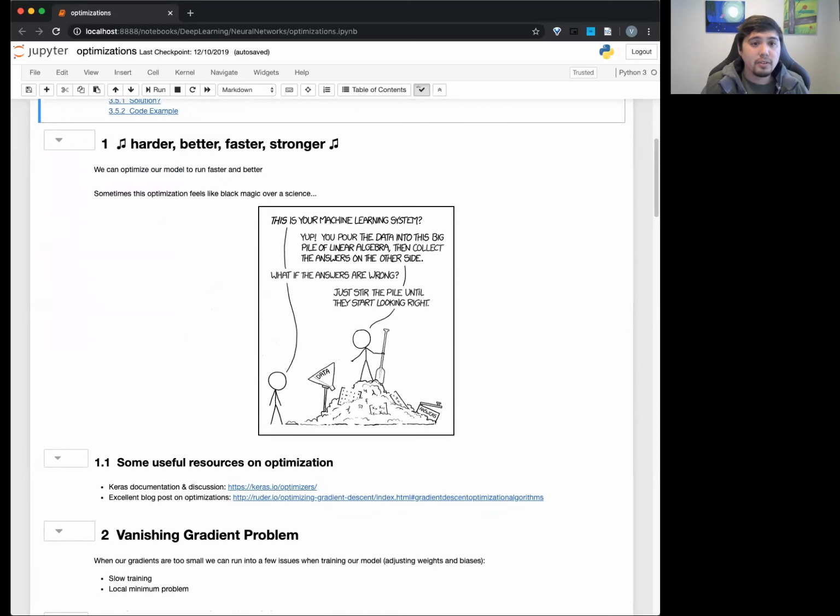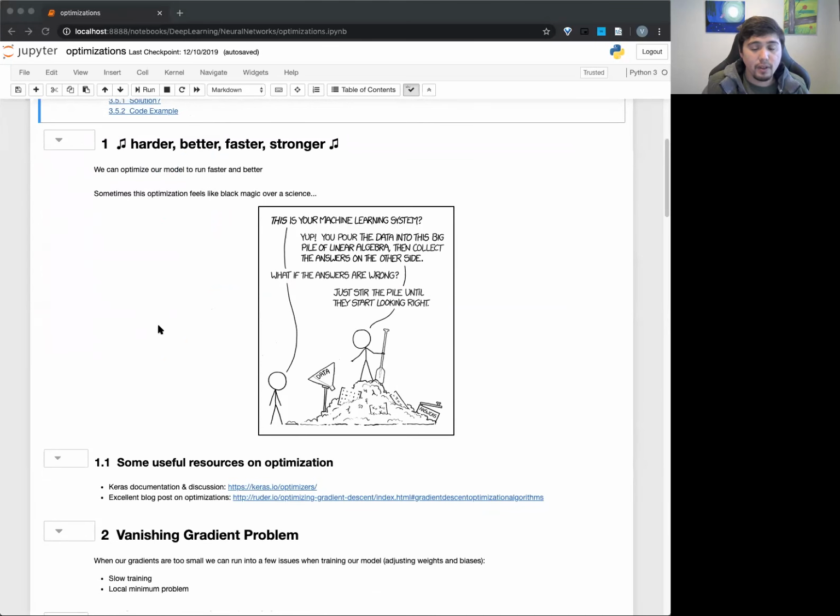But also it can actually make the model perform better. So we're actually able to find those global minimums, meaning your error will go lower, but we'll also get there faster. That's the idea of optimization for our neural networks and stuff like that.